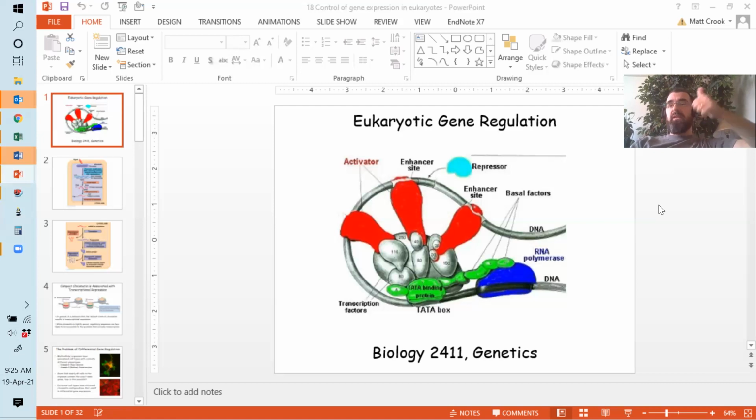I'll give you a clue. There's capping, 5' capping. As soon as the cap appears, once the pre-mRNA has been cleaved, there's poly A tail addition. What's in between? What's the other thing?